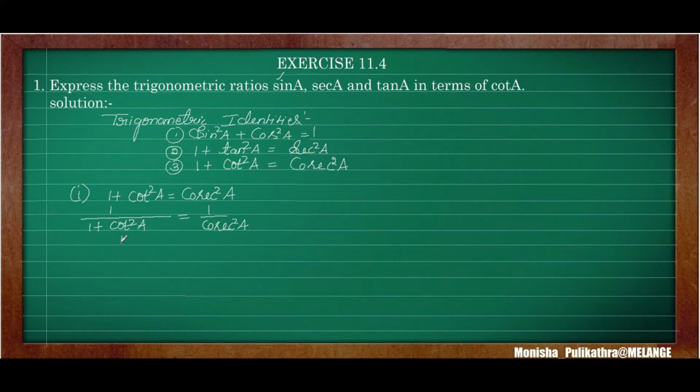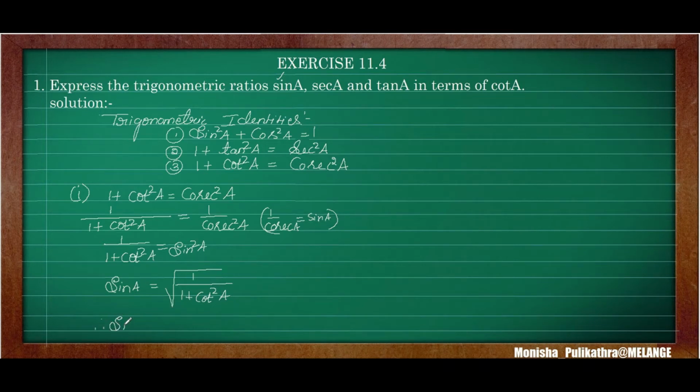Next, 1 by 1 plus cot square A, write as it is, equal to, we know that 1 by cosecant A is equal to sin A, so 1 by cosecant square A is equal to sin square A. Next, we need to shift this square to the other side, so it will become the square root of 1 by 1 plus cot square A. The square root of 1 will be 1 itself.